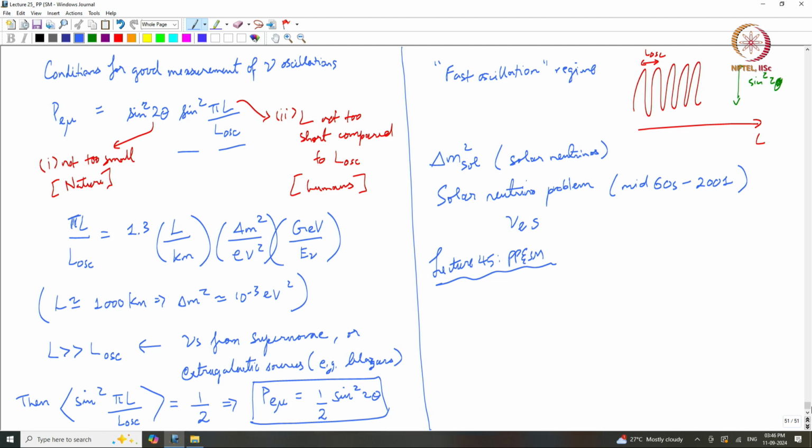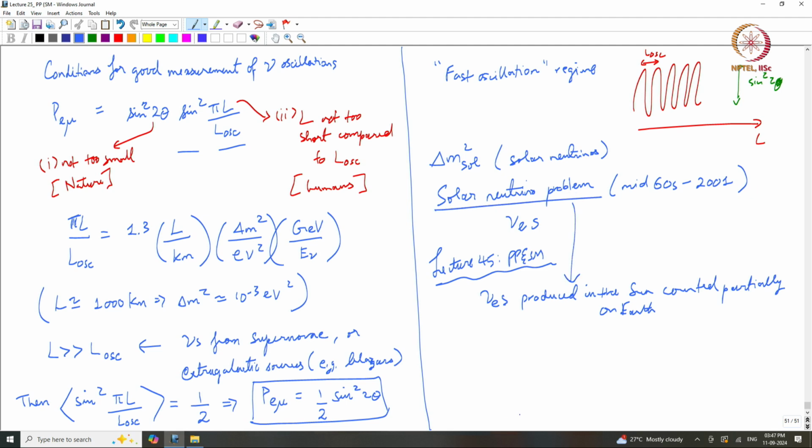So the problem, as I stated, was that neutrinos produced in the sun were only counted partially on earth.